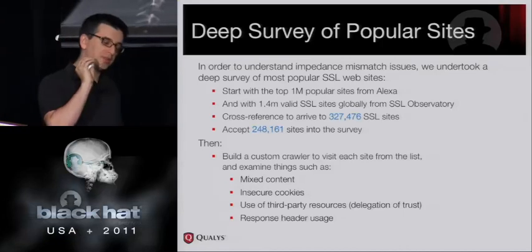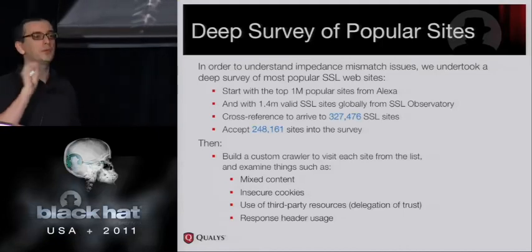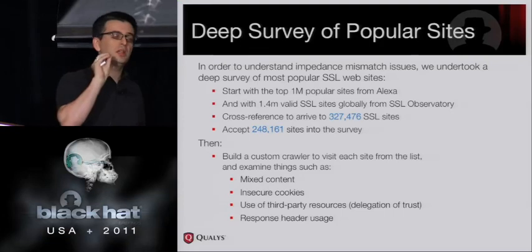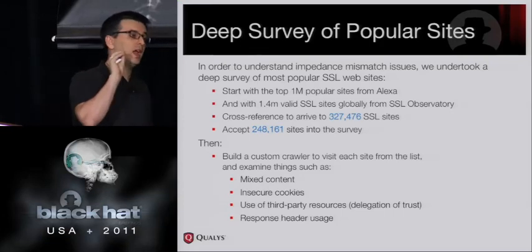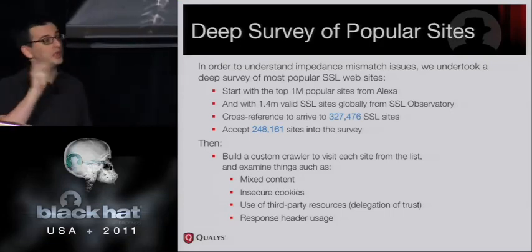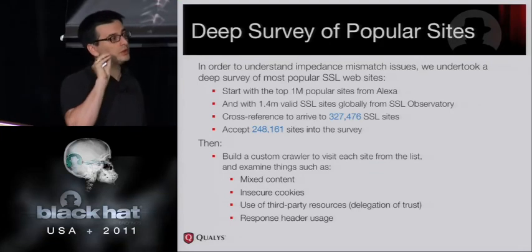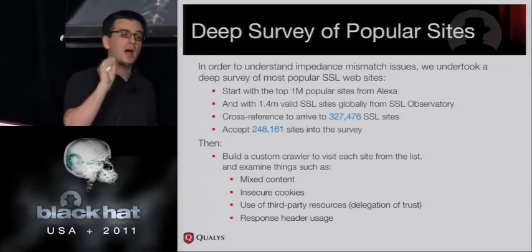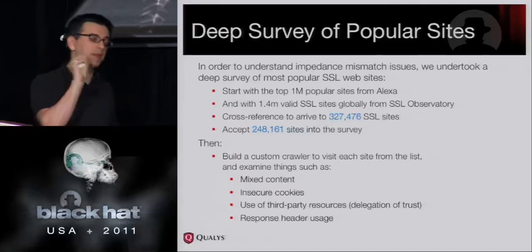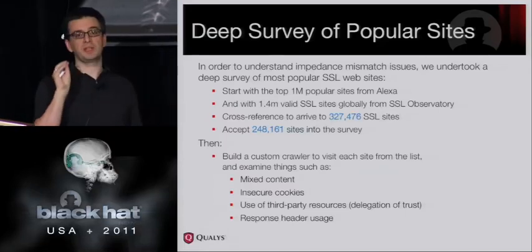We understood that these SSL configuration issues are not necessarily of immediate relevance, because as important as SSL configuration is, there is not really an immediate threat. However, we knew that there's basically an impedance mismatch problem with SSL.